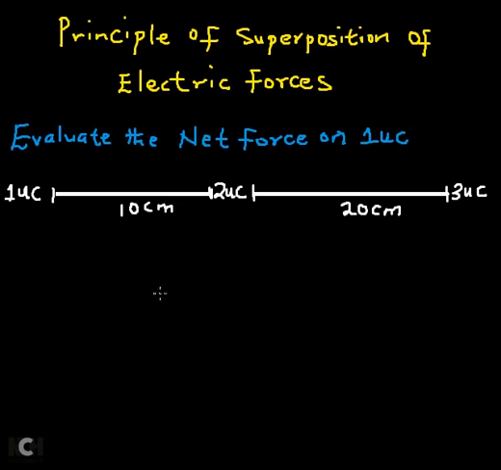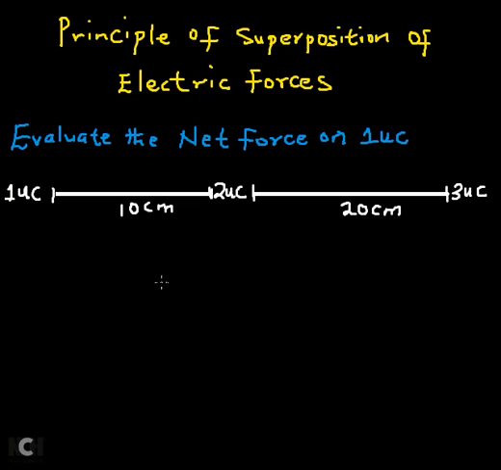Remember, electric force is a vector quantity, and when you treated vectors in mechanics, you know very well that you can find the resultant of vectors by adding them, depending on the direction of the vectors you want to add. So the same is applicable to electric force. When you have more than one acting on a charge, it can be added in vector form.